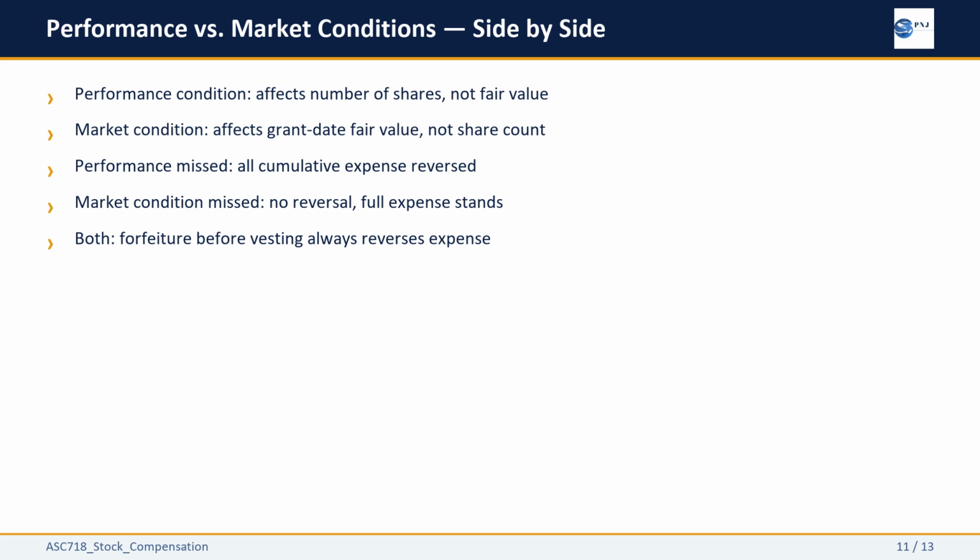It is set lower to reflect the probability of non-achievement. If the market target is missed, expense is never reversed because that risk was already priced in. The one rule that applies equally to both: if the employee forfeits before vesting, all previously recognized expense is reversed regardless of condition type.